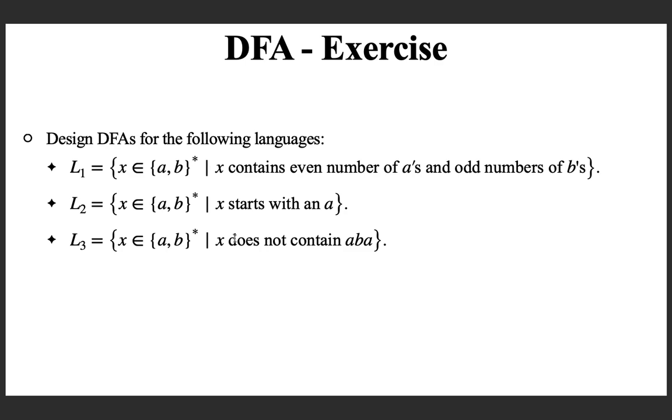You read them offline, think about each of the languages here, and come up with a deterministic finite state automaton. Not difficult. It is very similar to what we discussed. We have discussed 3 examples, and now I am giving you 3 exercise problems to think about and design.